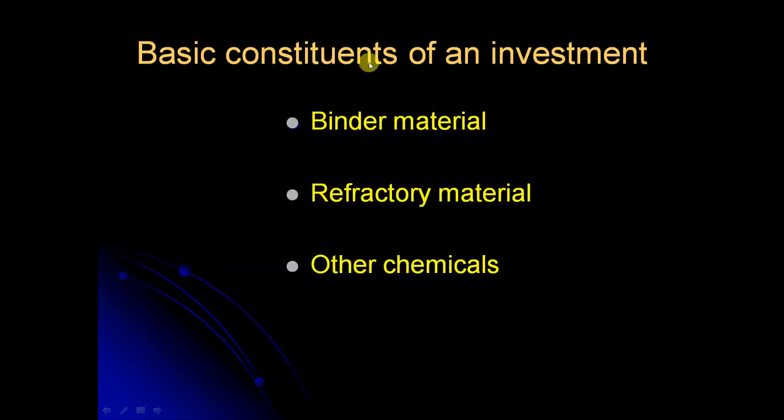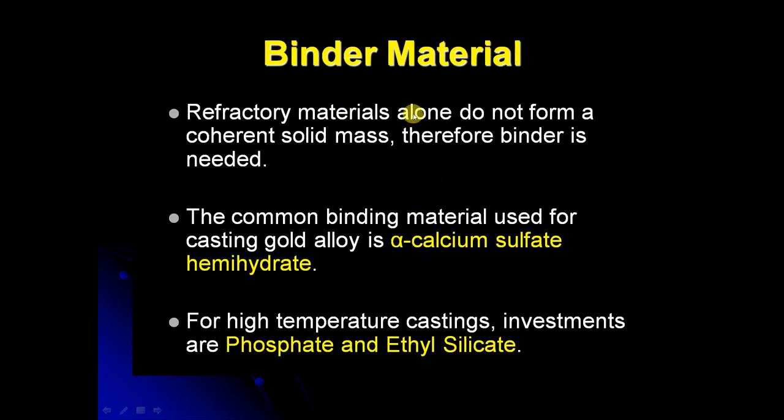Coming on to the basic constituents of an investment: a binder material, a refractory material and other chemicals. Starting with the binder material: refractory materials alone do not form a coherent solid mass, therefore a binder is needed. The common binding material used for casting gold alloy is alpha calcium sulfate hemihydrate.